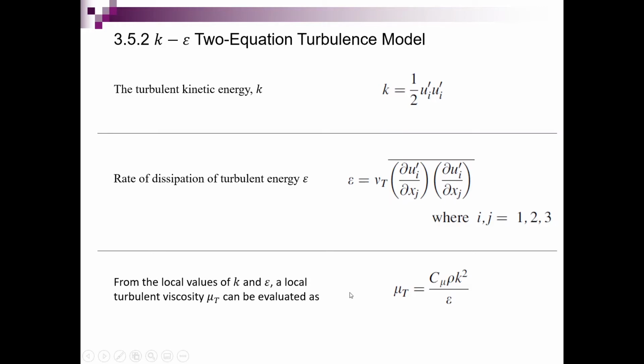The effect of this turbulent kinetic energy and the rate of dissipation is to induce viscosity, so there will be an additional viscosity in the flow, which may affect the flow structure.